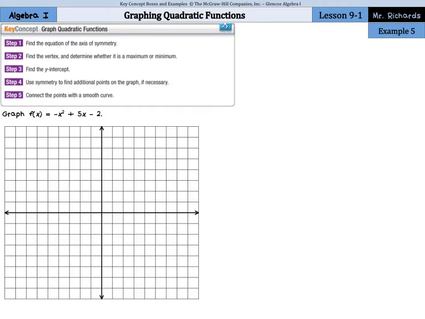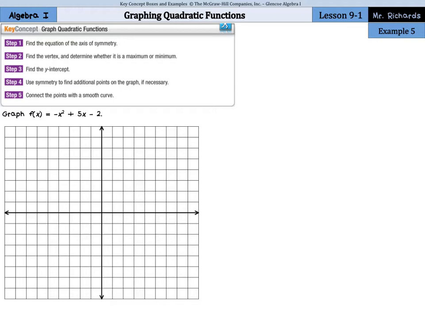So now we come to example 5, which is kind of the culmination of this entire lesson, where we'll graph quadratic functions not by using a table of values as we did in our first examples, but using these 5 steps. First, to find the equation of the axis of symmetry, then to find the vertex and determine whether it's a maximum or minimum. We'll find the y-intercept.